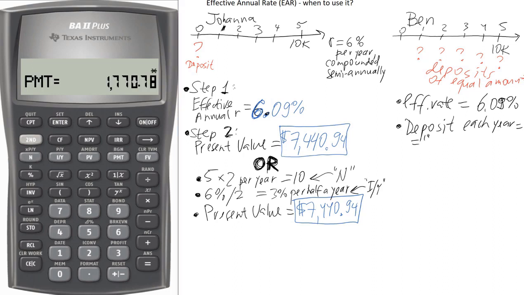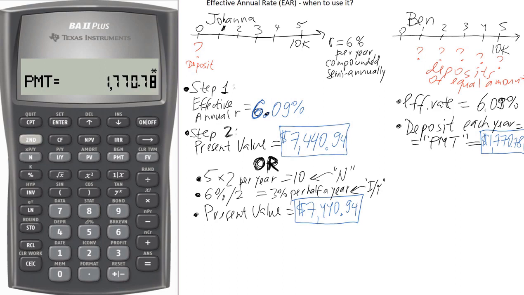So that's the PMT in the financial calculator. And the answer we got is $1,770.78, right? This is the deposit every single year at the end of each year, 5 times. And each of these deposits will earn interest over the correct number of years, and altogether that will add up to $10,000.